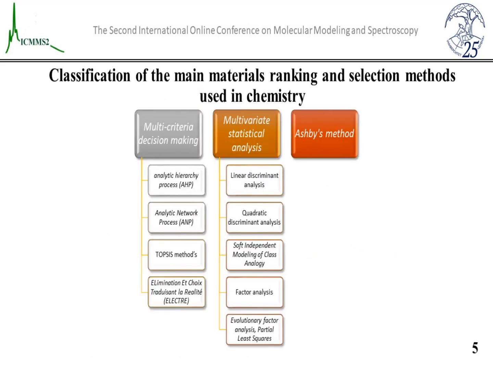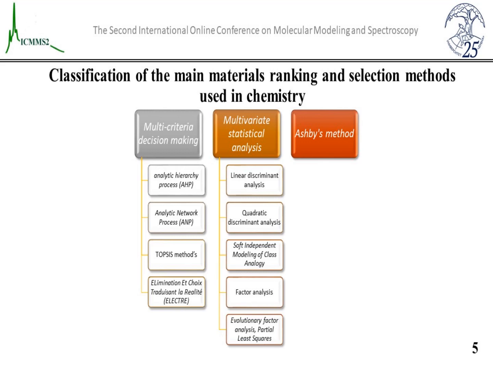The phase change material selection methods used in natural science can be conditionally divided into several groups. There are multi-criteria decision methods, which include AHP, ANP, TOPSIS, and the ELECTRE method.